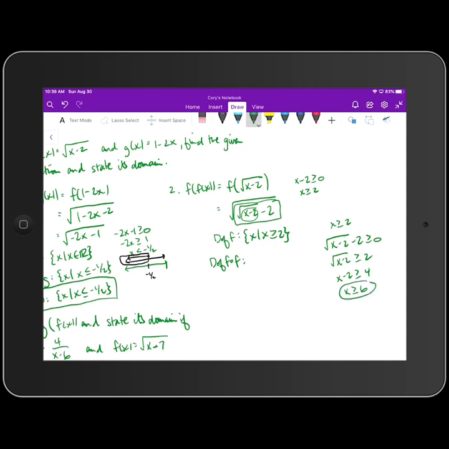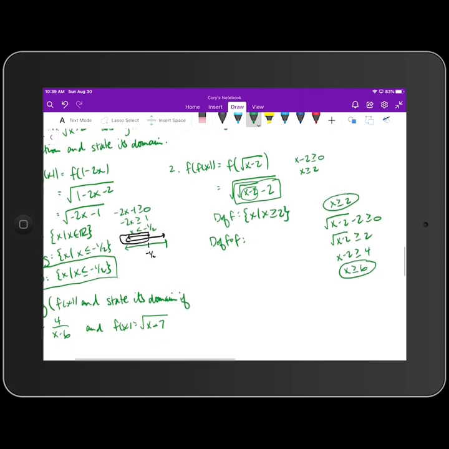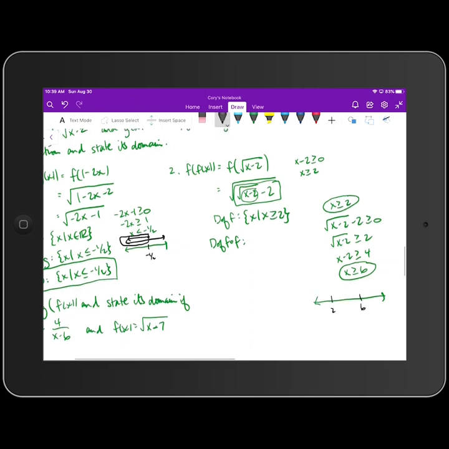So really we have two domains here that we have to consider. And when we calculate the domain of f composed with f, we want the more restrictive domain or the overlap of those two. So again, if I were to graph the domains of each of those, x is greater than or equal to 2 would look like this.